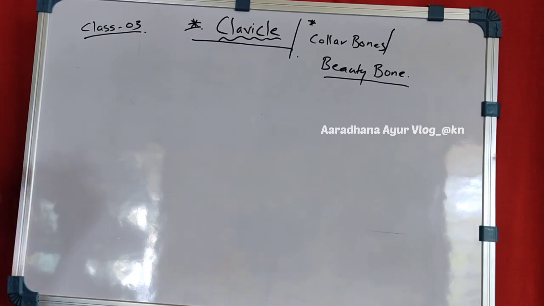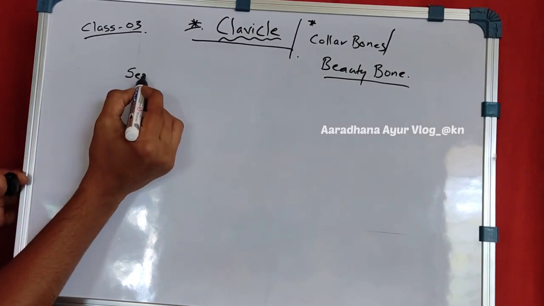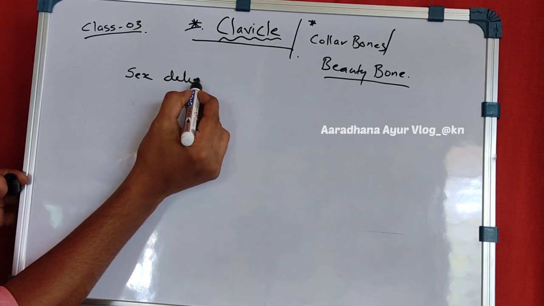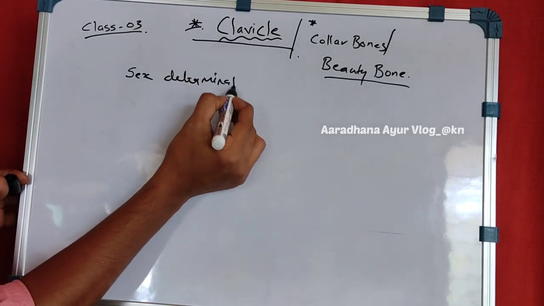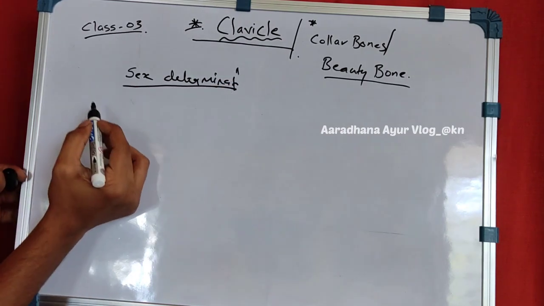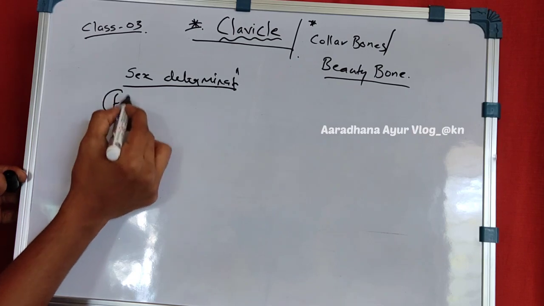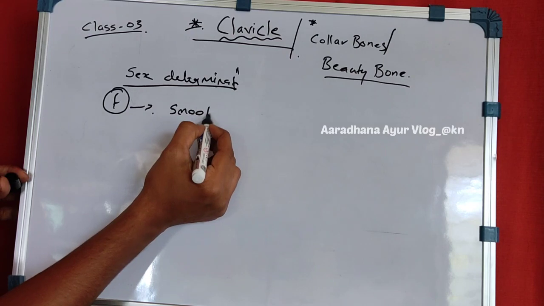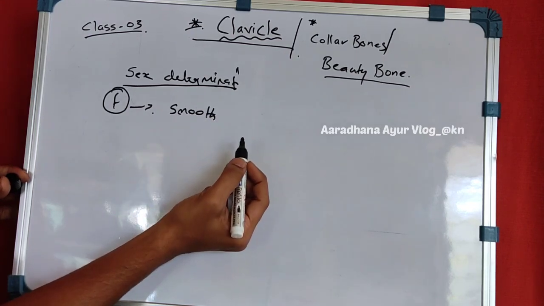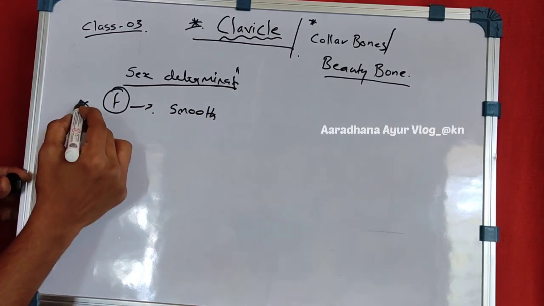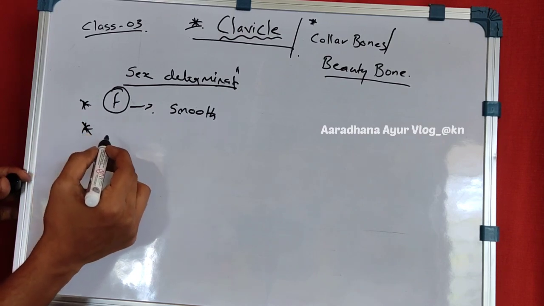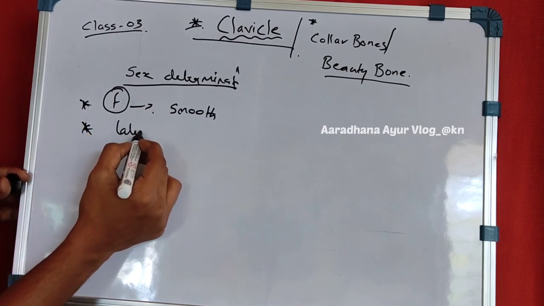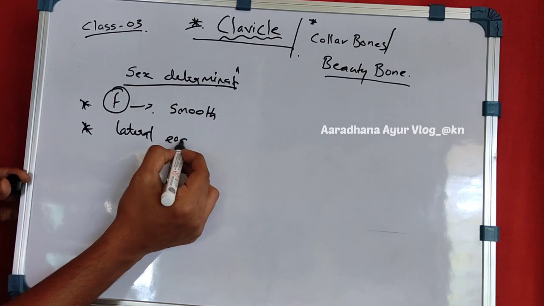The next point is sex determination. How can we identify whether it is a male or a female clavicle? The female clavicle is smooth compared to the male. The second point is the lateral end. I told you two ends are there, medial end and lateral end.